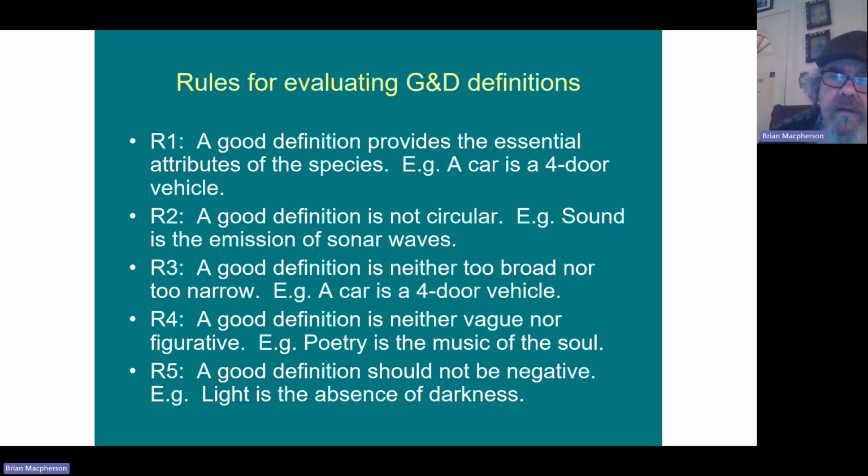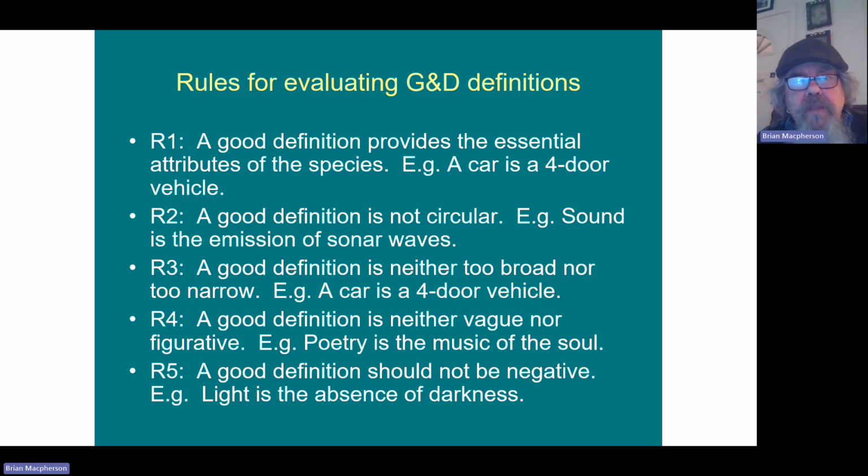Well, not all cars are motorized, right? So that would be too narrow. I could say a car is a 4-door vehicle. Again, it's too narrow because not all cars are 4-door.